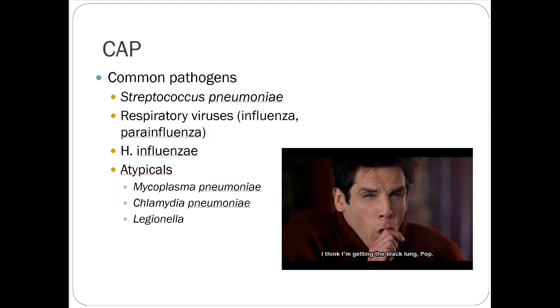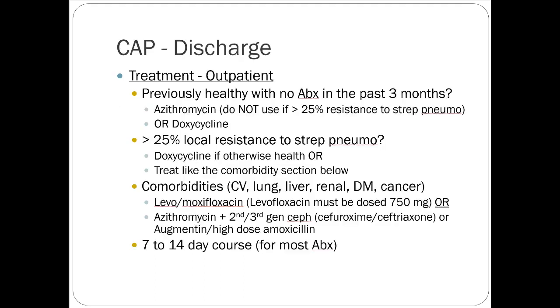Legionella is not super common. It's more associated with weird water reservoir outbreaks, like pooled water somewhere. Like you'll see it with bad cooling systems. It's kind of historically what happened with Legionella. Anyway, mycoplasma is the most common one as far as the atypicals go.